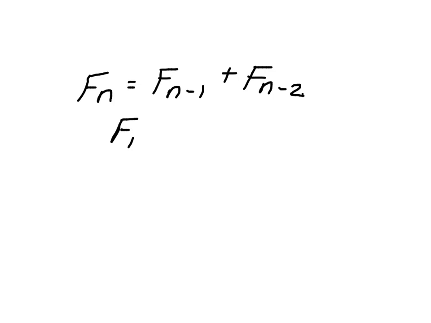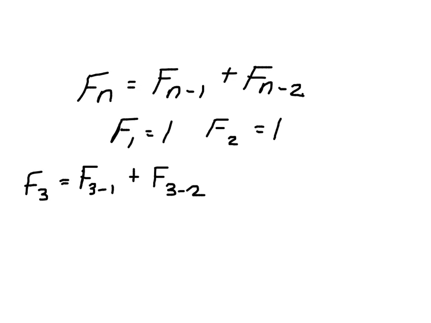So again, if I give you the first one was 1 and the second one was 1, find the third term. Well, if I put 3 in for n, I get f of 3 minus 1 plus f of 3 minus 2. 3 minus 1 is 2, and 3 minus 2 is 1. So they're asking you to take the previous 2 answers, in this case they're both 1s, to equal 2.